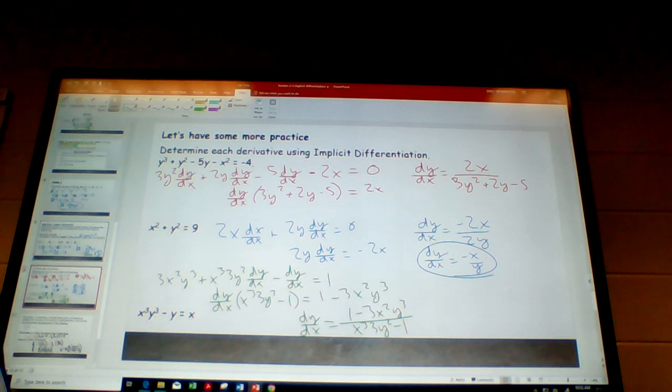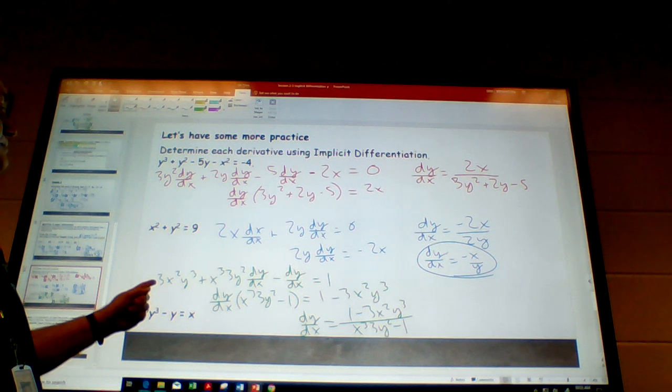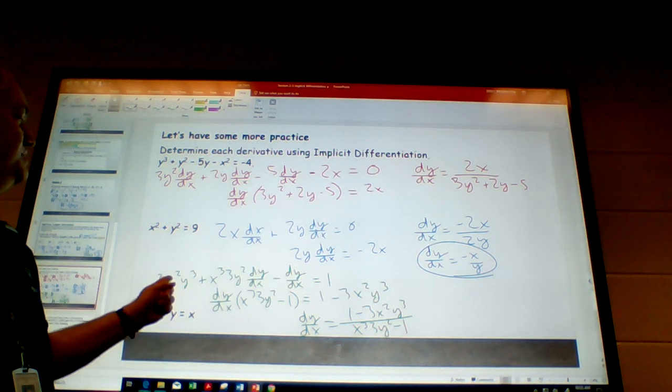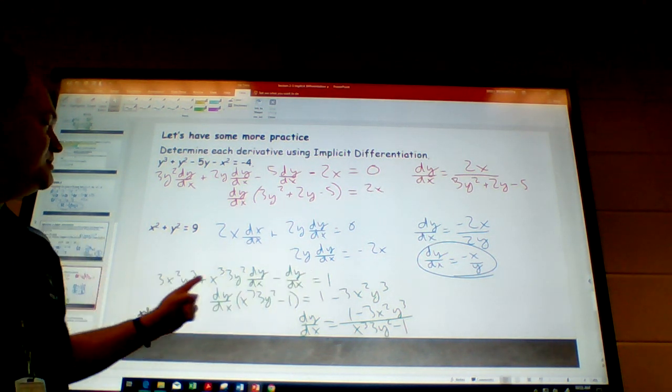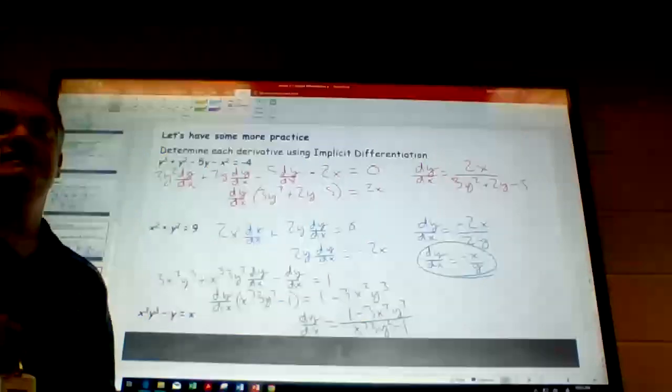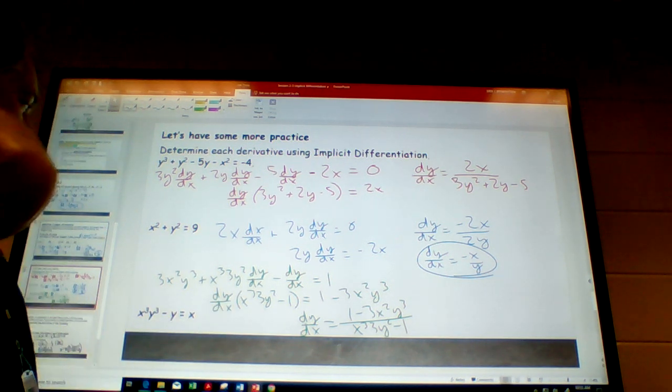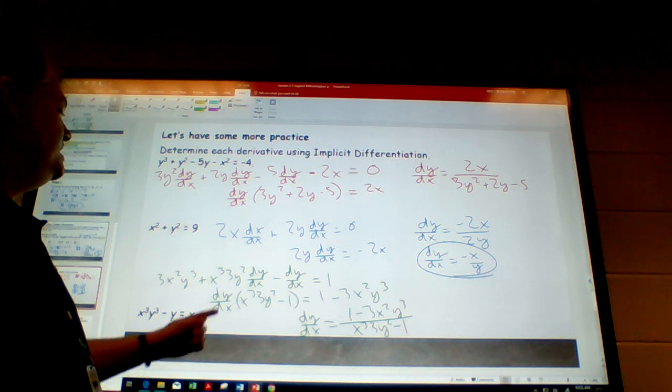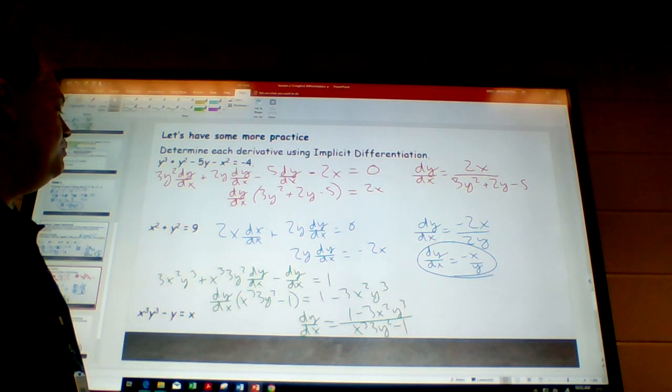Then move this term over to the right because we are trying to get all the dy/dx's together. And then we get x cubed times 3y squared minus 1, all times dy/dx.